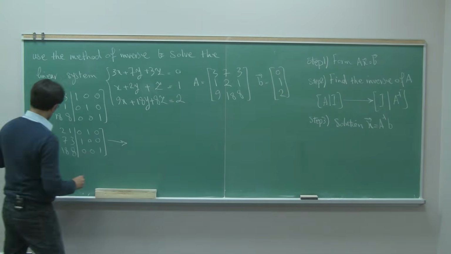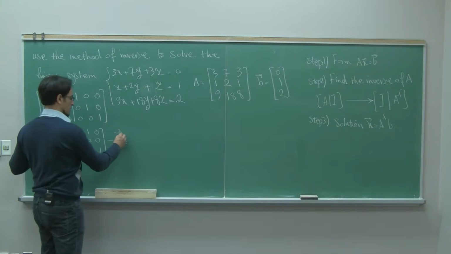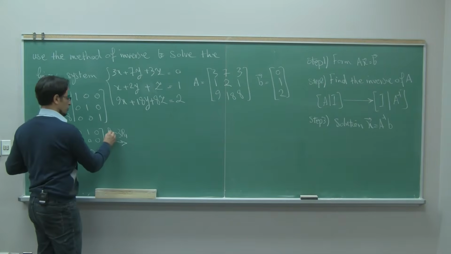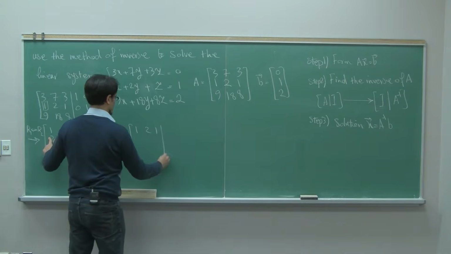For that, I can multiply row 1 by -3 and then add it to row 2. This will change row 2, so row 1 will be the same thing.